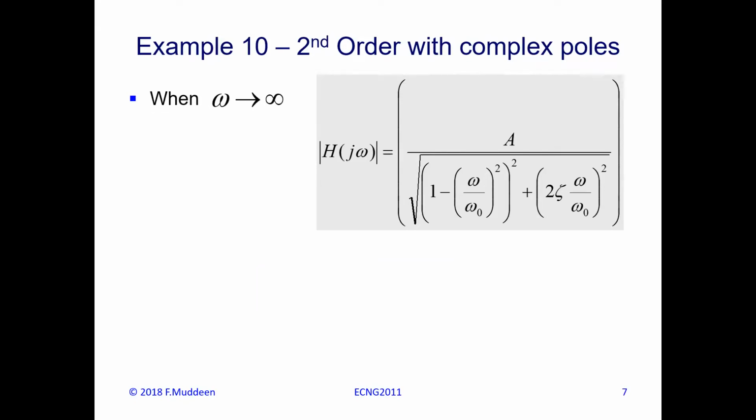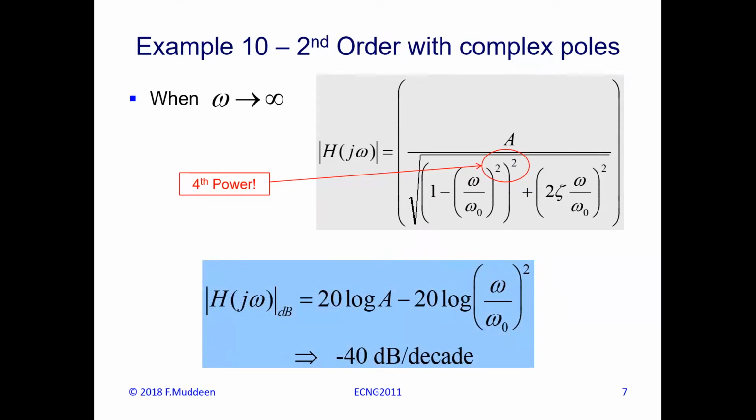When omega tends towards infinity, on the other hand, note that this power here being squared, and it's going to be squared again, means that it's going to go to a fourth power. A 20 log a component is still going to be there, but now we're going to have a minus 20 log of omega divided by omega naught, all squared. The end result would be that we'll end up getting a minus 40 decibel per decade slope for this magnitude plot.